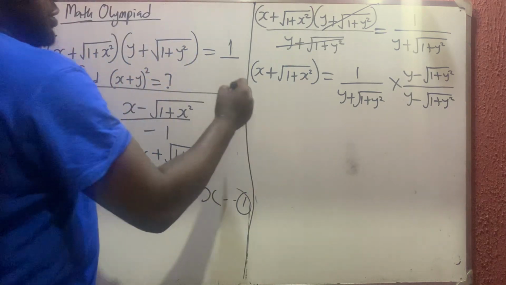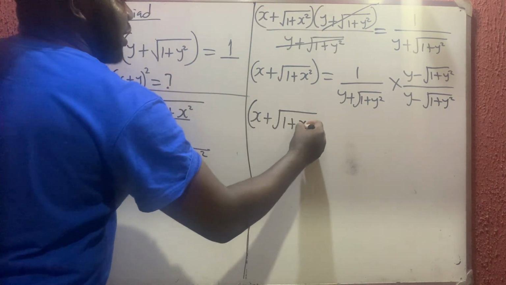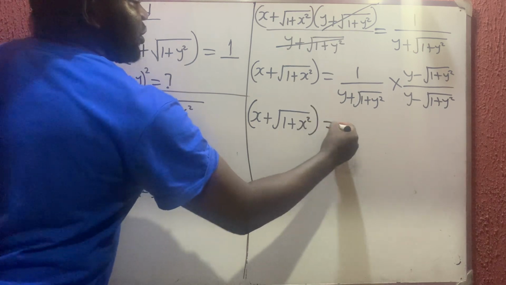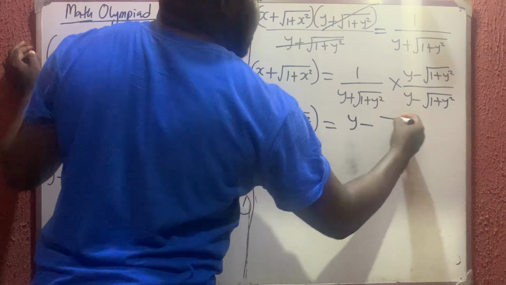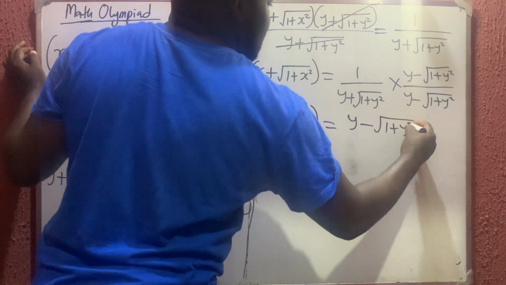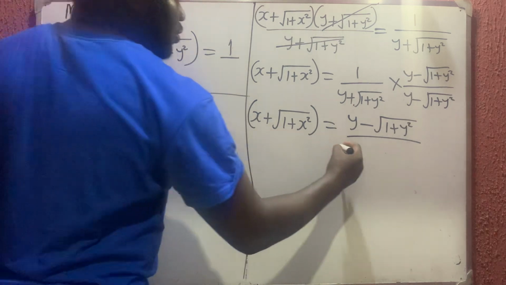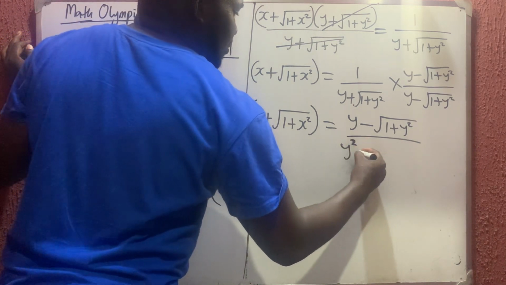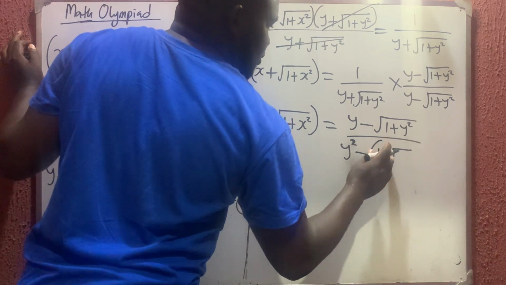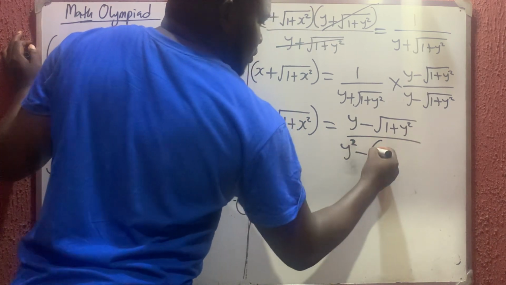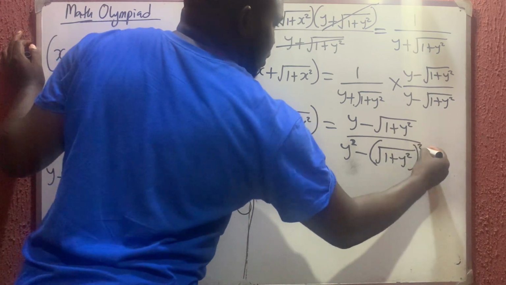Okay, so this is now that x plus the square root of 1 plus x squared is equal to, this time this is going to give me y minus the square root of 1 plus y squared all over, like I told you before, that this is difference of two squares, so it's going to be y squared minus the square root of 1 plus y squared all squared.